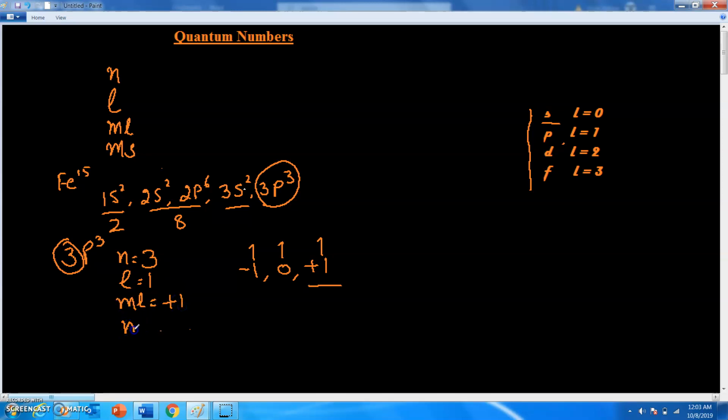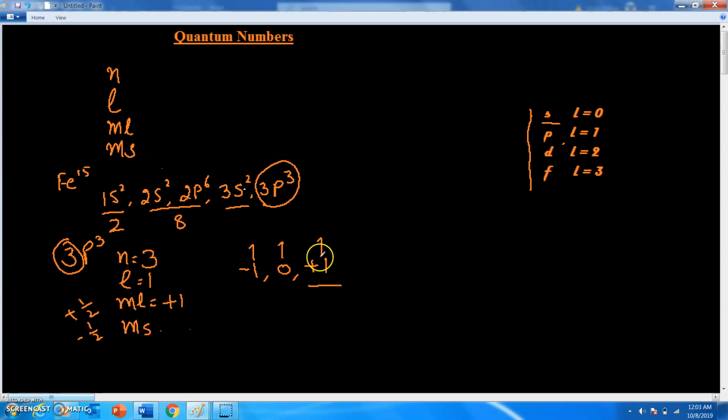Next comes MS. There are 2 spins, +1/2 and -1/2. Out of these 2, what will be given to 3p3? We will again see the last electron goes to this +1, and we will see its direction because this spin is upward and there is no downward spin.